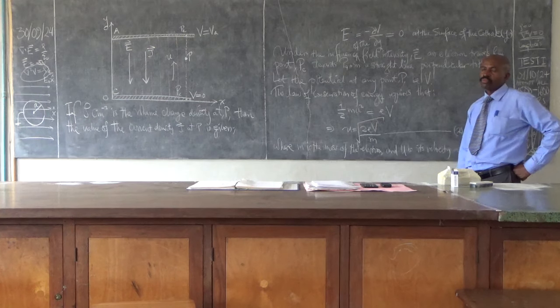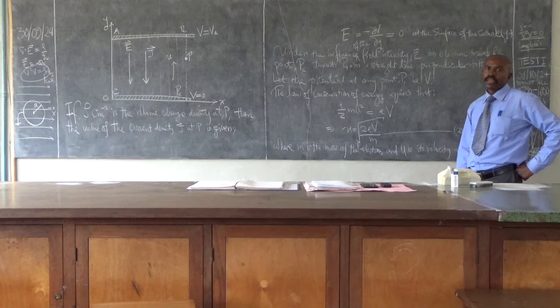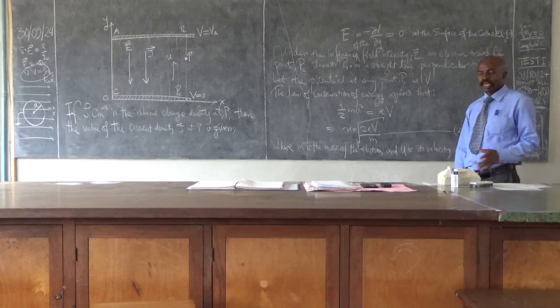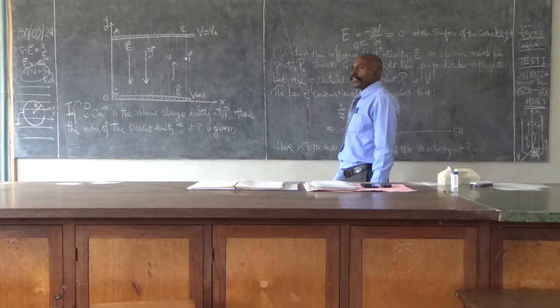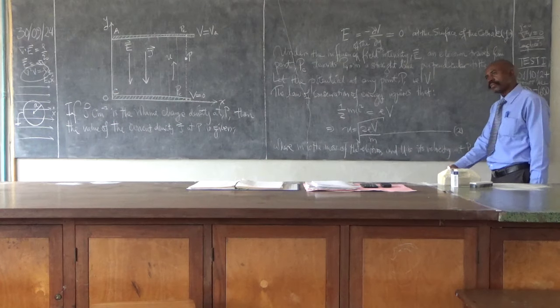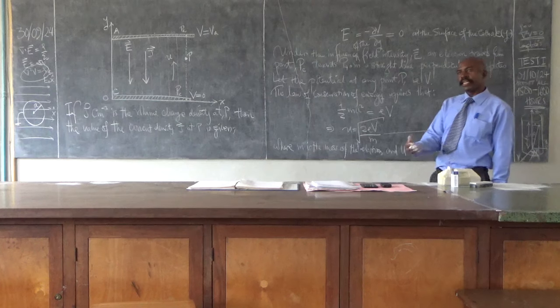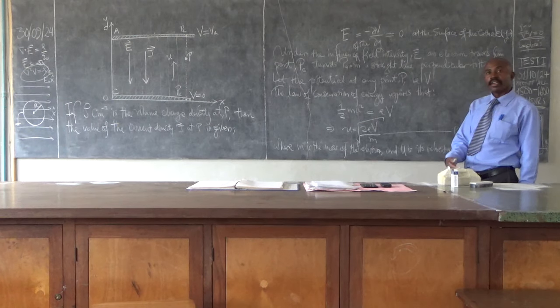What is charge density in the first place? Current density is the current per unit area. Current is the charge per unit time.